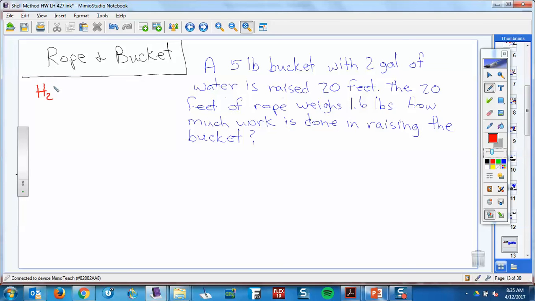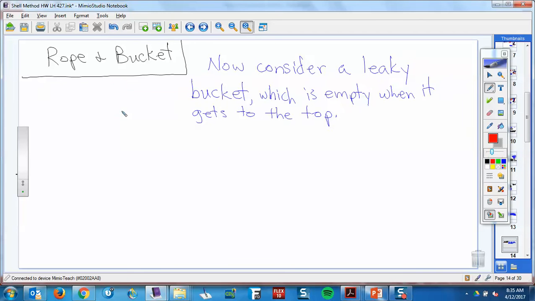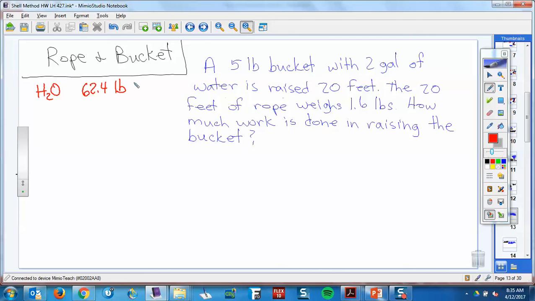Water is, I think in our book, 62.4 pounds per cubic foot. That's how much water weighs.